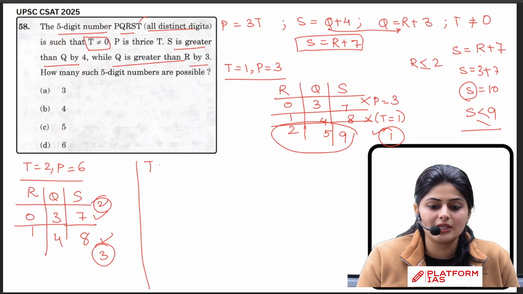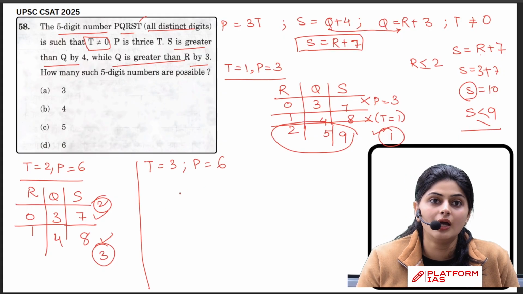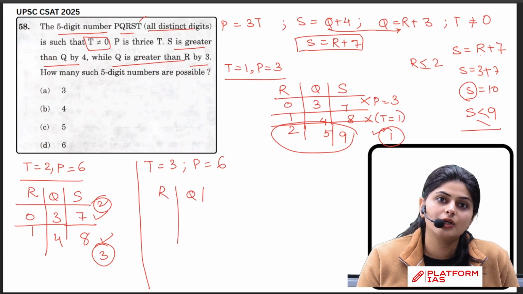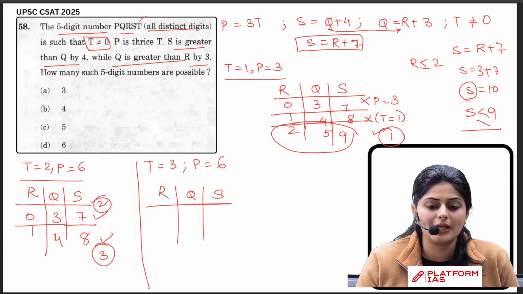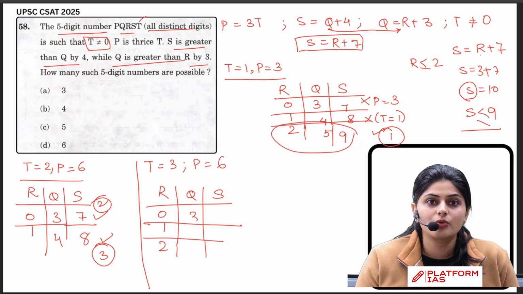Now moving to the next one. If T is 3, P is 9. Again we'll find the values of R, Q and S. R is 0, 1 and 2. R cannot be greater than 2. So it will be 3, 7, 4, 8, 5 and 9.